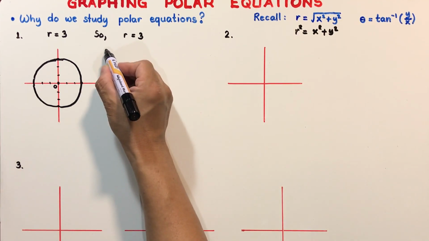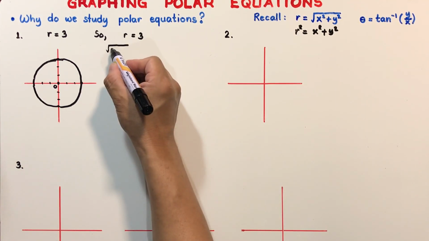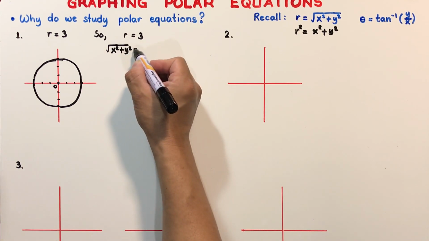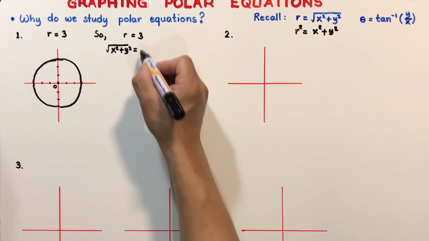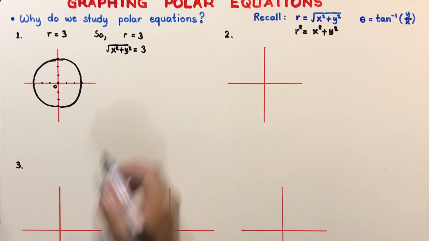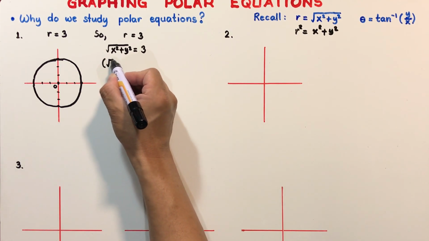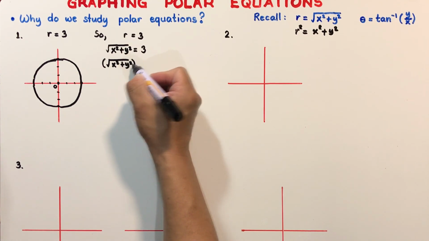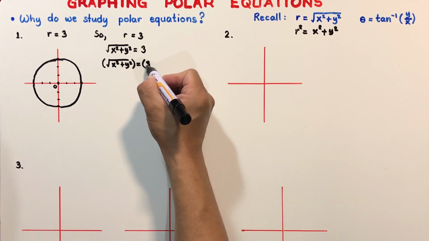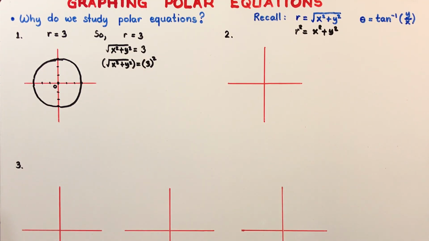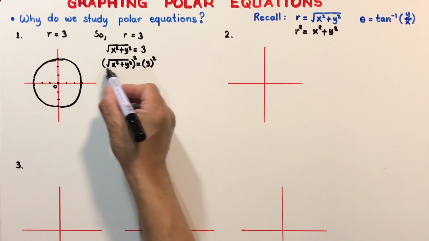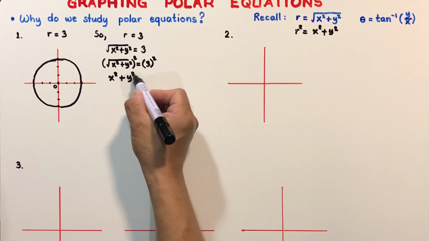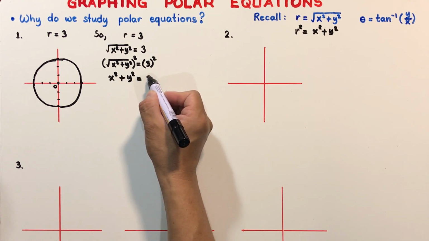So converting this one to its equivalent rectangular equation, we have our r, we know the value is this. So instead of writing r, we will substitute its value, which is the square root of x squared plus y squared, and this is equal to 3. But if I square both sides of this equation, I will get x squared plus y squared, which is equal to 3 squared.